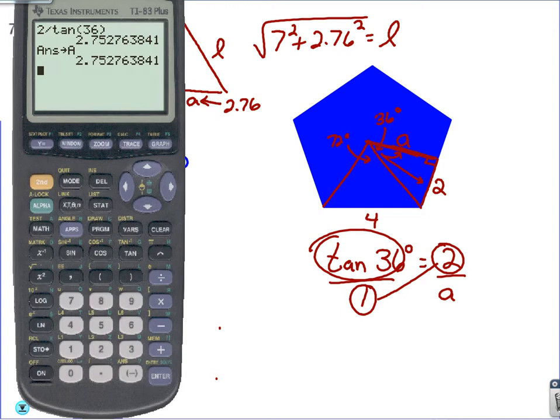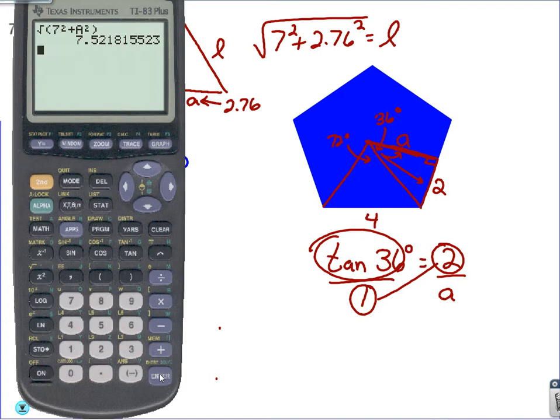So now, typing that into your calculator, the square root of 7 squared plus 2.76 squared, which if you remember is my apothem, so I can just type A. And you get your slant height is about 7.52.